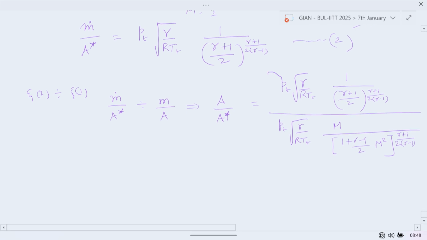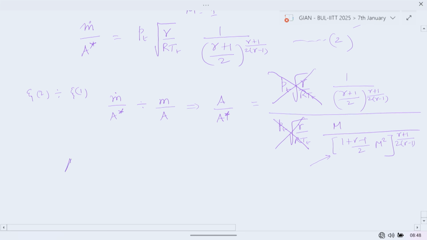So now you can see that this entire term cancels off. So what is left out here? Now this term is in the denominator of the denominator. I can take it to the numerator. And this is also in the denominator of the denominator. I can take it to the numerator.